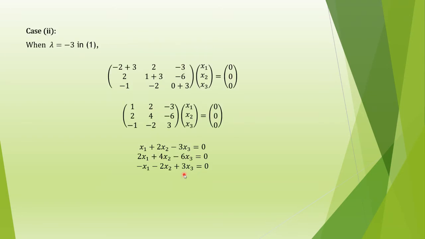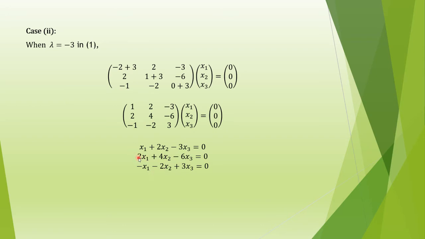Next we go to case 2, that is lambda is equal to minus 3. Substituting minus 3 in the place of lambda, you get the next matrix. In a similar way, multiply these two matrices and find these three equations. Observe that all three equations are the same.